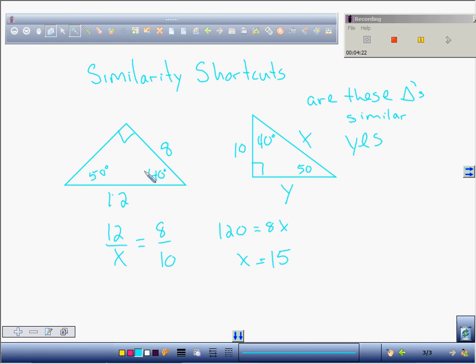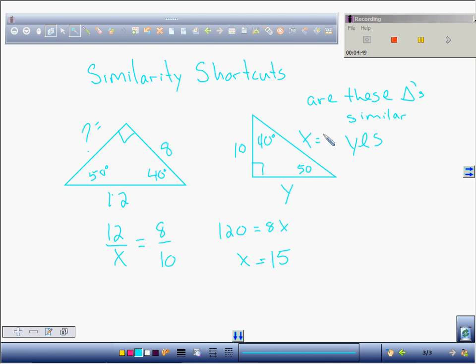And then you could find y. So which side does y go with over here? This side, right? So we don't know this side. How can I find this side, since it's a right triangle? Pythagorean theorem. If you did that it comes out to be ugly.